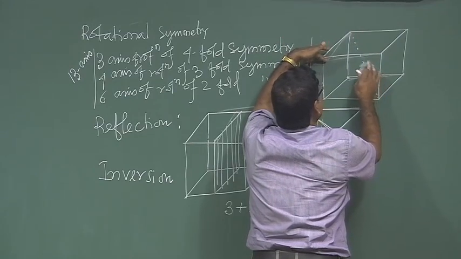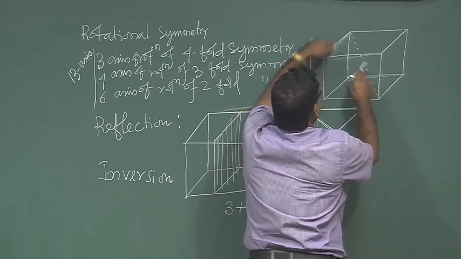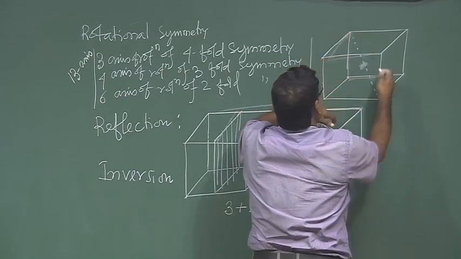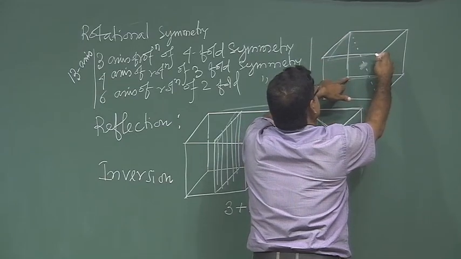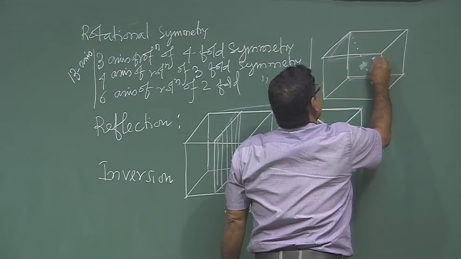One has to find the symmetric point, which is this, and if I take this one, the opposite is this one, basically the body diagonal.